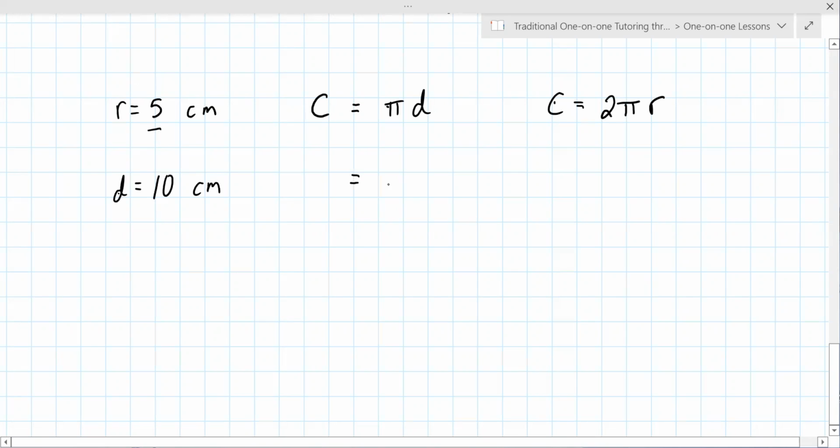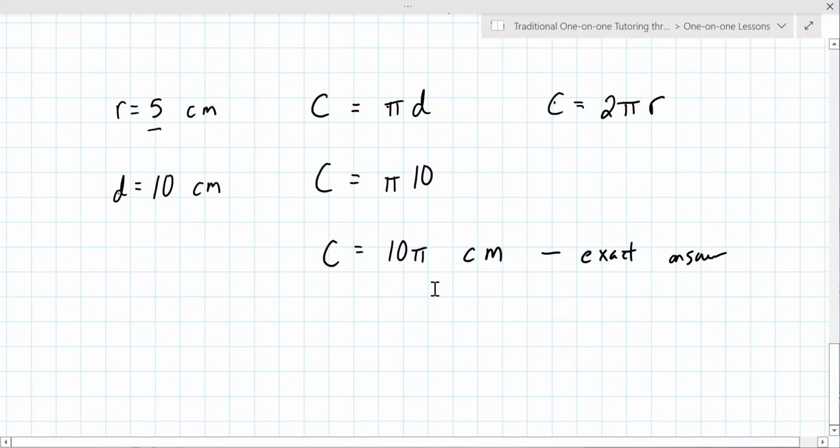Now the circumference is pi times diameter. What is the diameter? 10. 10 times 3.14, right? So it's 10 pi, and the units of circumference are centimeters. This is called the exact answer. The exact answer has pi in it.